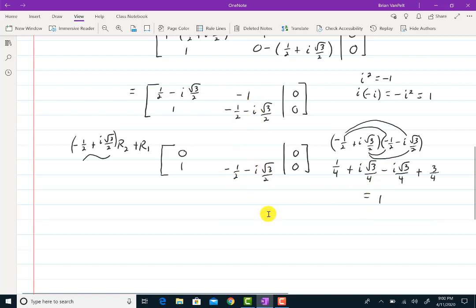And then when you add to -1, you get a 0. So they're a little more complicated, of course. So what we have here is x plus -1/2 minus i radical 3 over 2 times y. That's equal to 0. Let me solve for x.